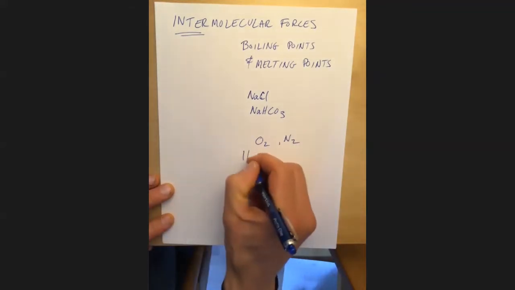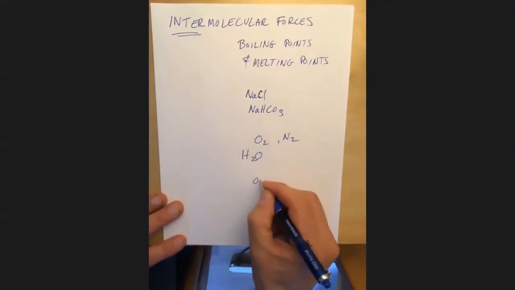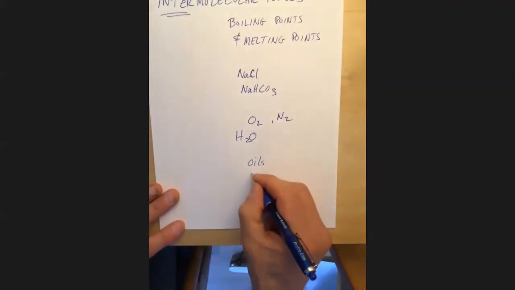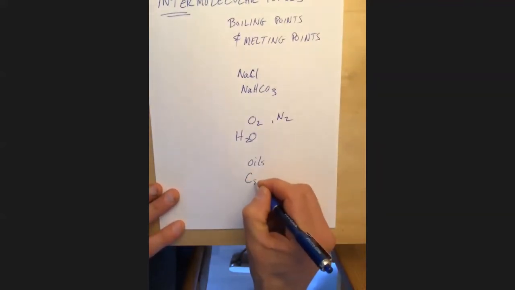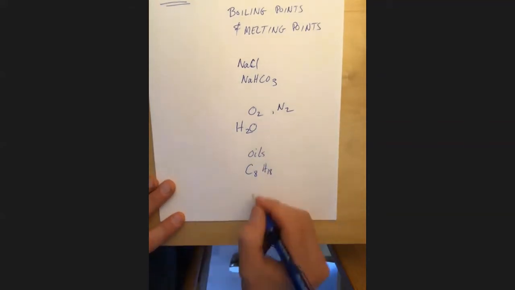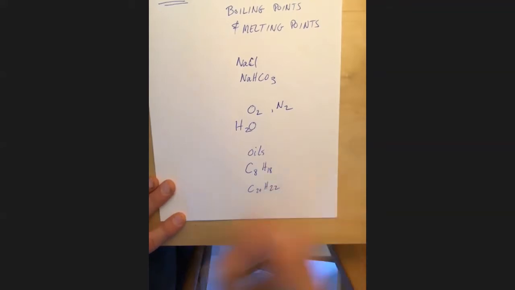I think I put some water in one of the containers, and there were some oils, like the gasoline that I had, which was like an octane, C8H18, and I think I had some other oils like olive oil, which might have been something like C20H22.